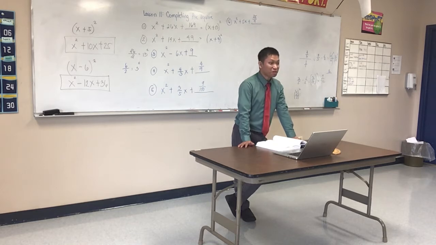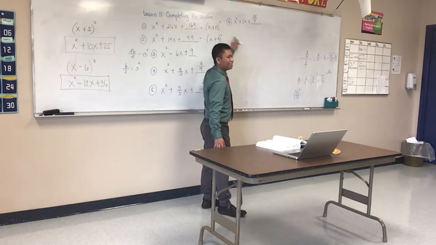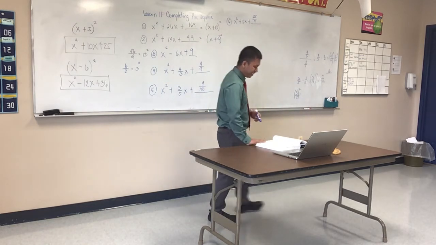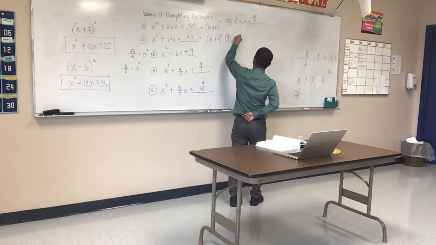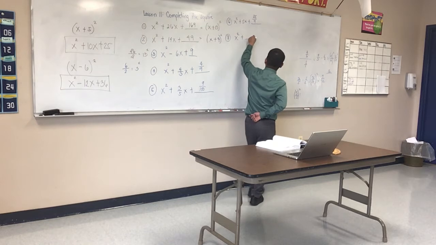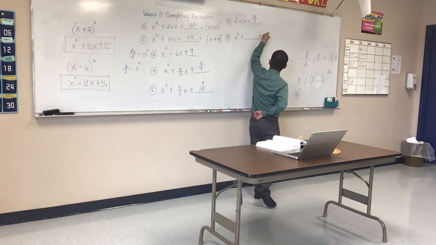How about if the middle term is missing? Because this time, then you divide by 2, right? Let's see. Okay, for example, we have x squared plus, the missing is the middle term, so we have the last term, 100.